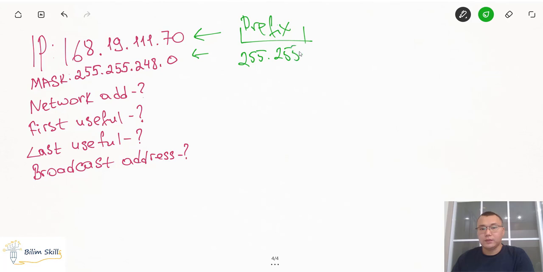Also, we will leave the second octet because it's full. To find the prefix, we have to use this number, so we have to change it into binary form.